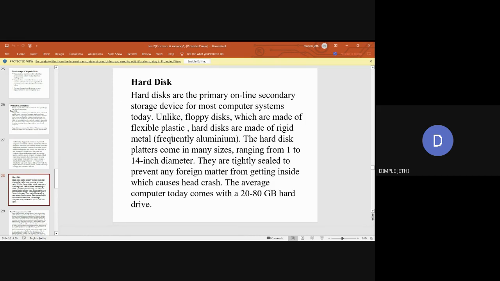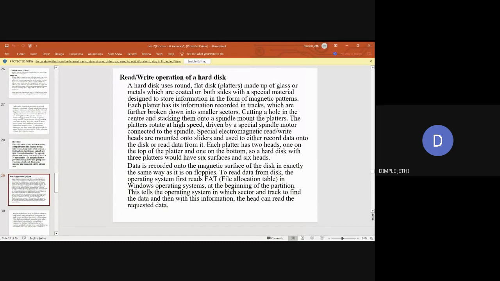Then your hard disk, which I just explained. I have told you how we read and write in a hard disk, or you can say magnetic disk. The technology is the same for CDs also and for hard disks also.